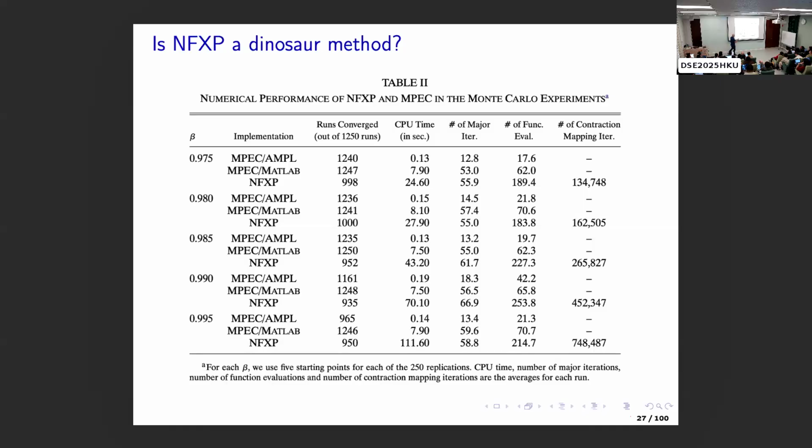And it looks like MPEC is working pretty good. And it's pretty fast, 0.1 second. And then it's counting how many major iterations. That's how many times it's essentially making an iteration on the Lagrangian.